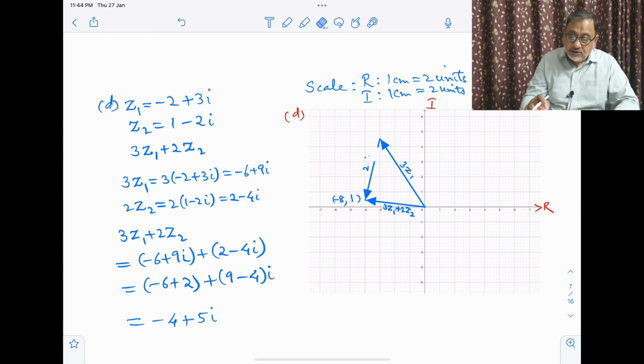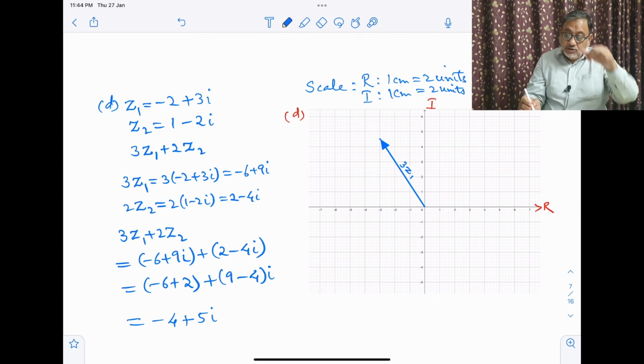I will erase this part. So this will not be my result. By mistake I had taken it like that.